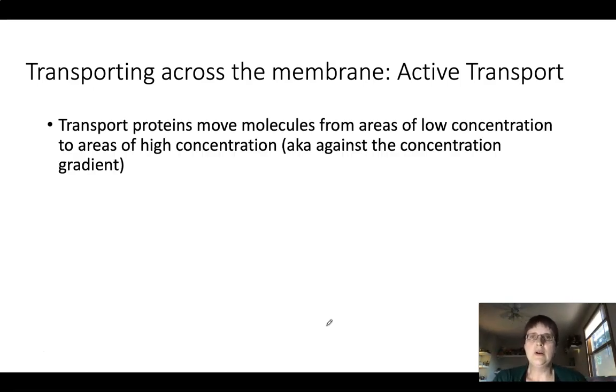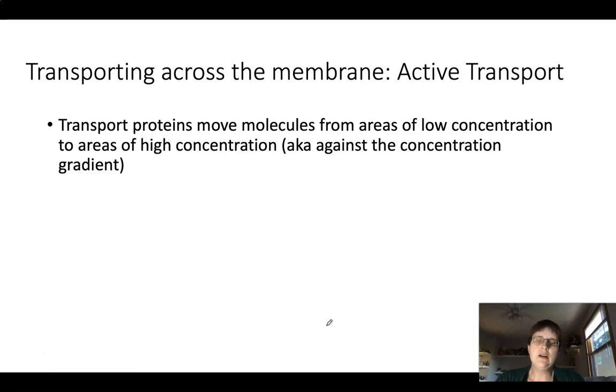Active transport is where we're going to use transport proteins in the membrane, but we're going to use them to move material against the way it wants to go, against what we call the concentration gradient. They want to move from high concentration to low concentration. You know, they want to move from where it's packed to where it's not.